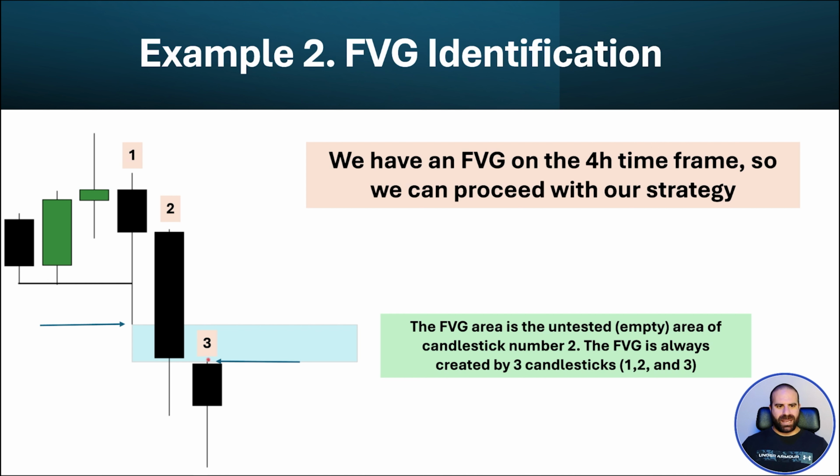The fair value gap, guys, is the untested area between, in this occasion, because we are interested in selling, in shorting, we have a bearish leg. Then the fair value gap is the area created between the bottom of the wick of candlestick number 1 and the top of either the wick or the body of candlestick number 3, this gap that is left.